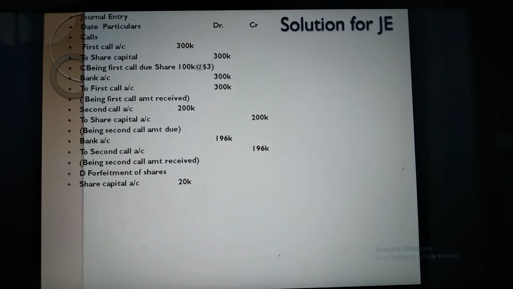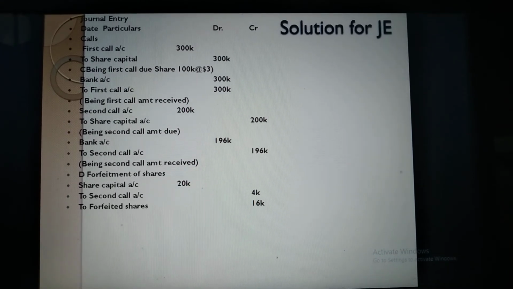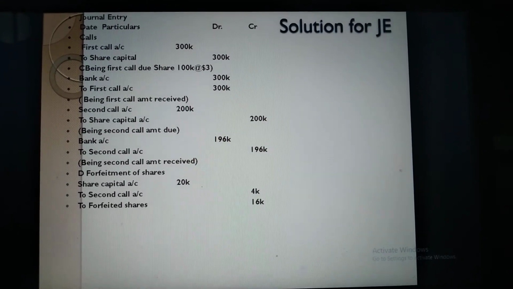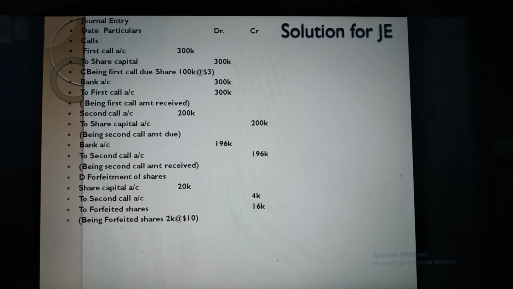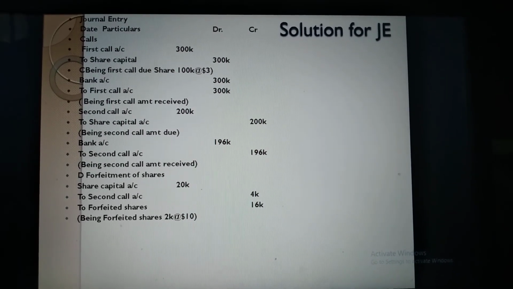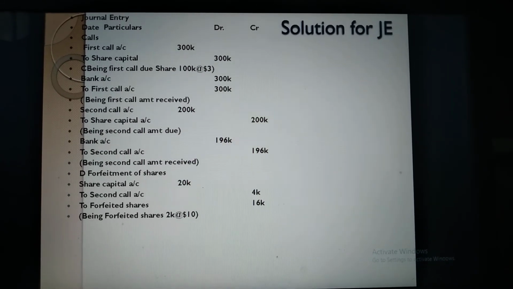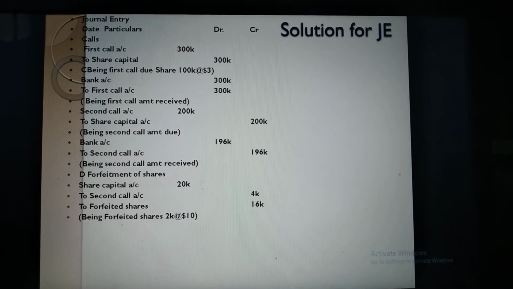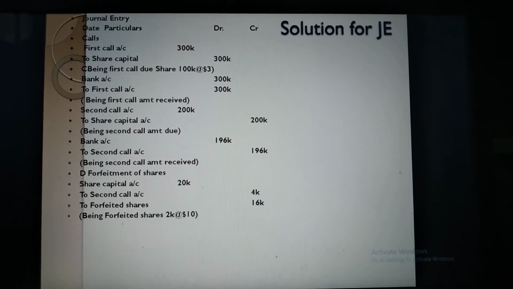So share capital 20,000 to second call account 4K, to forfeited share account 16K, being forfeited shares 2K times 10, which gives us 20K. Now, the second call account is 4K, forfeited is 16. So 20 minus 4 gives us 16.